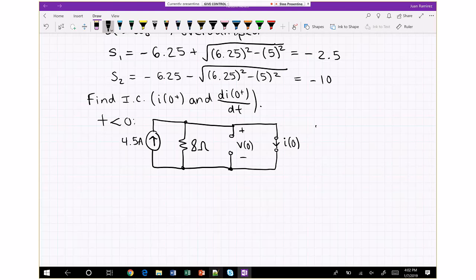By inspection, that inductor current will take all of the current, right? Whenever you have a short in parallel with a resistance, the short takes all the current because a short circuit by definition has no voltage across it. And if there's no voltage across it, that means there's no voltage across the resistor because they're in parallel and share the same voltage.